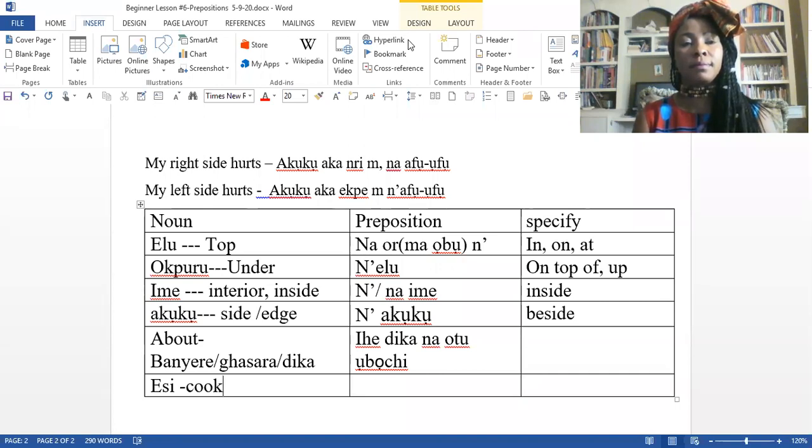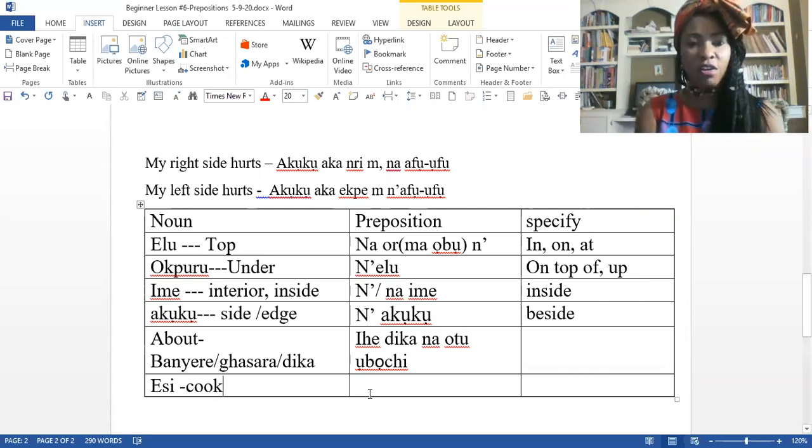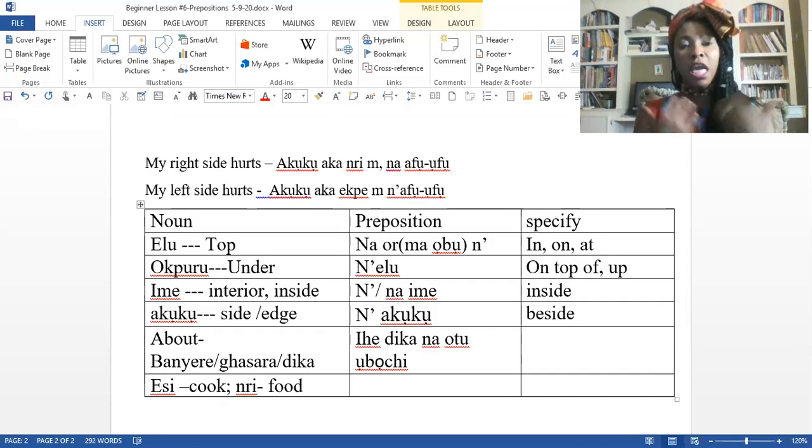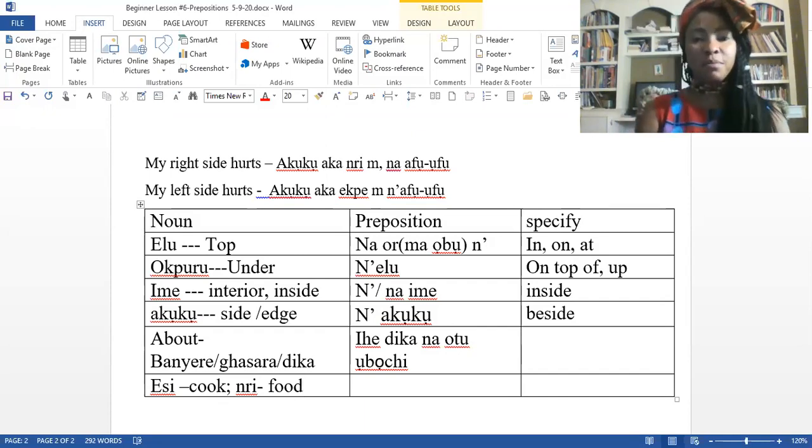Shelo Tam na esi nri. Okay, good. Nri means food. Shelo Tam na esi nri. Good. So we're going to add the preposition there.